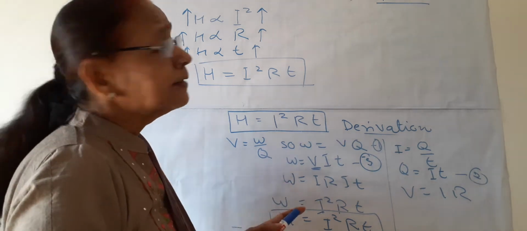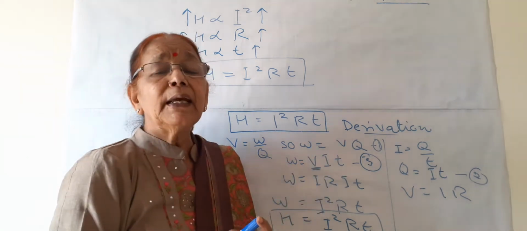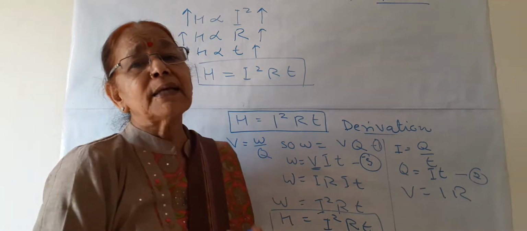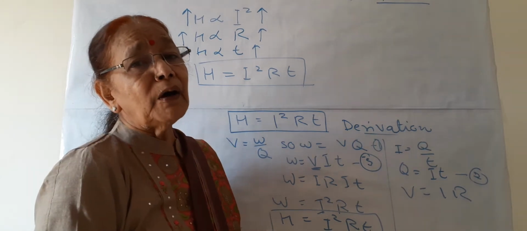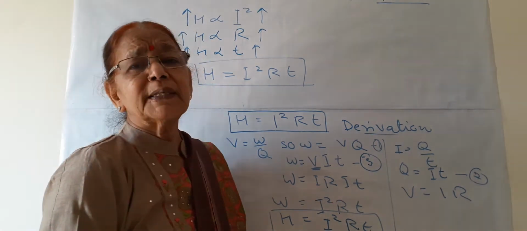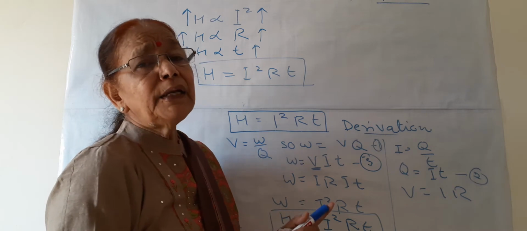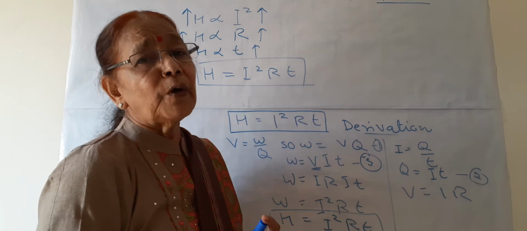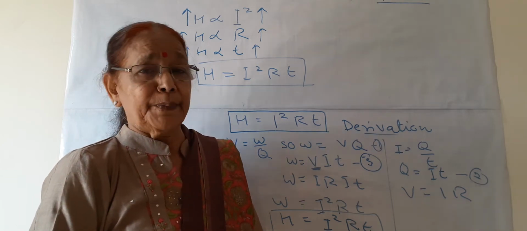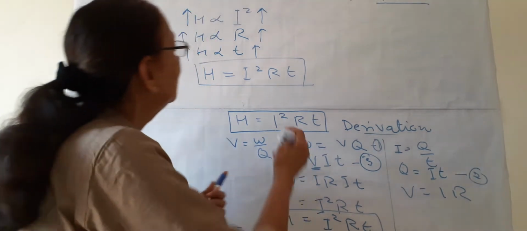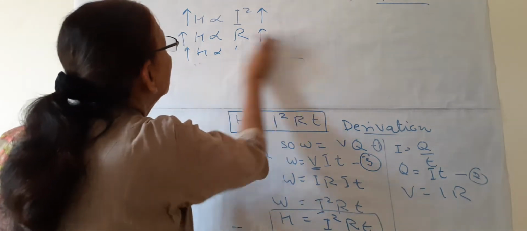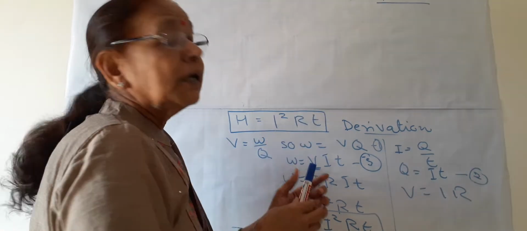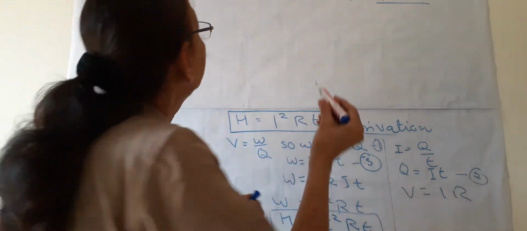What are these gadgets? They are electric toaster, electric oven, geyser, electric iron. All these are based on heating effect of current, because this current supplies so much heat and that heat is used for different useful purposes. So now we will learn 1-2 tools which are used as a useful tool for heating effect.